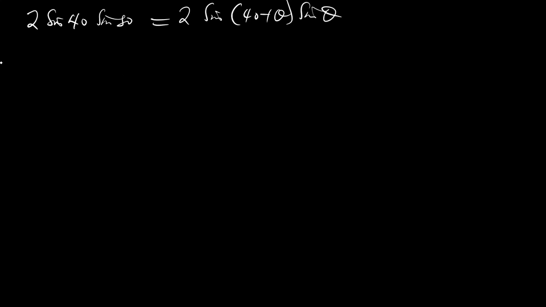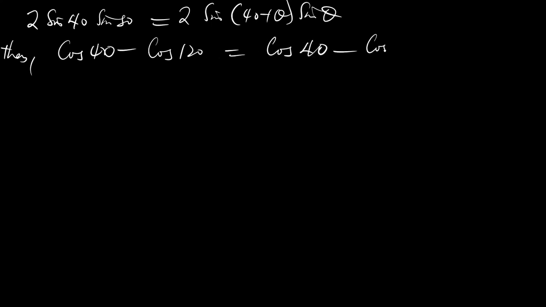So since 2 sine 40 sine 80 is equal to 2 sine (40 plus theta) sine theta, then cos 40 minus cos 120 is equal to cos 40 minus cos(40 plus 2 theta). So this is common, they'll cancel out.